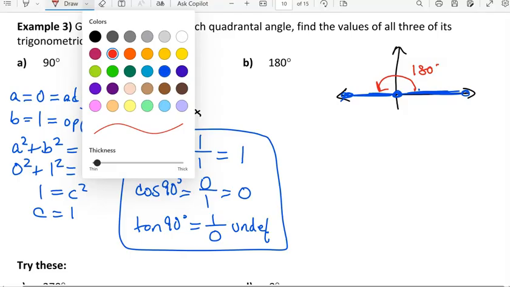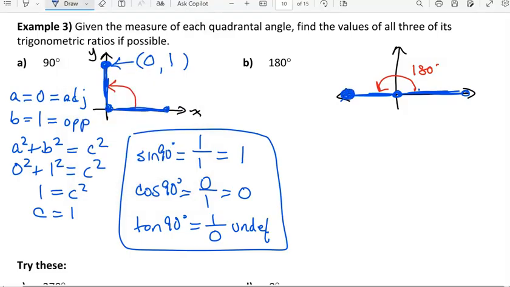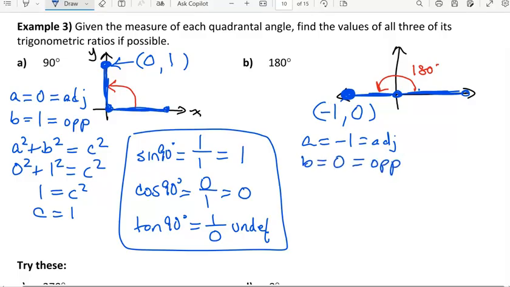The endpoint of that terminal side is right over here. Its coordinates are an a value or an x value that's negative, so I'm just going to write -1 there, and a y value or a b value that's equal to 0. So a is -1, that's our adjacent side. B is 0, that's equal to our opposite side.